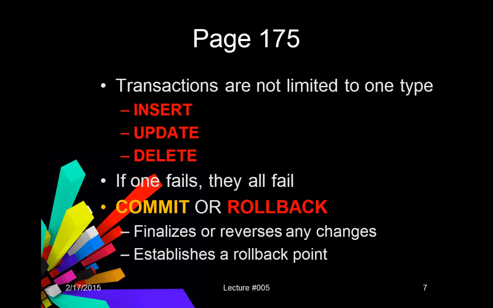Now, that's really an administrator's function. I don't go any further into it than that. The problem with using a rollback point is that everything that was done after that point, even though it may have been entered, will be erased.